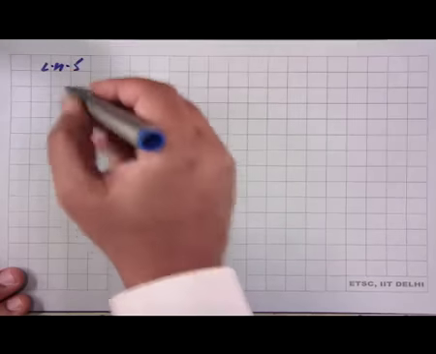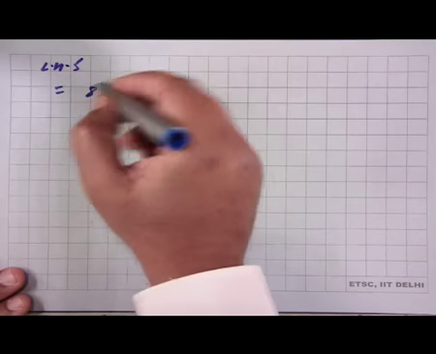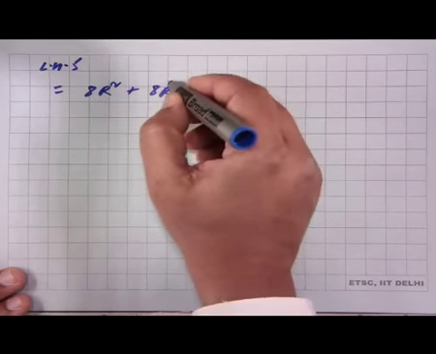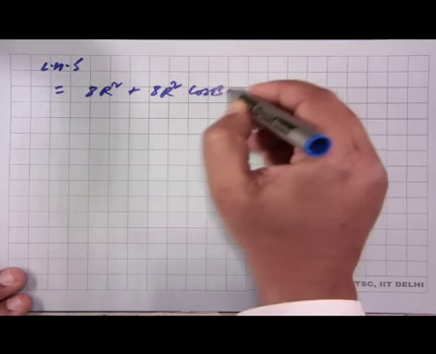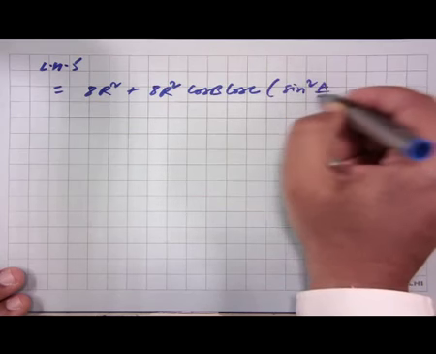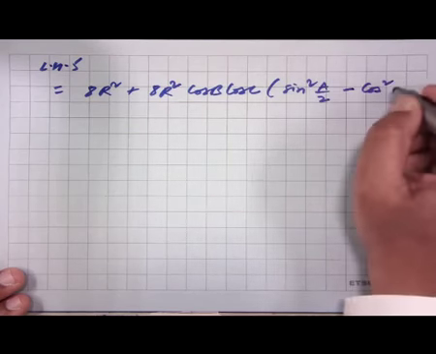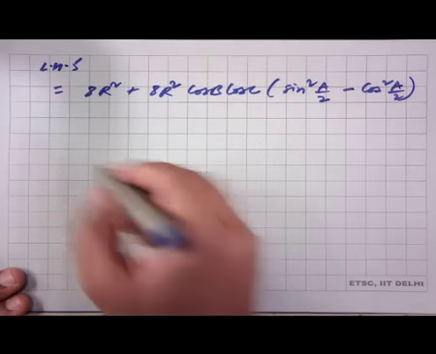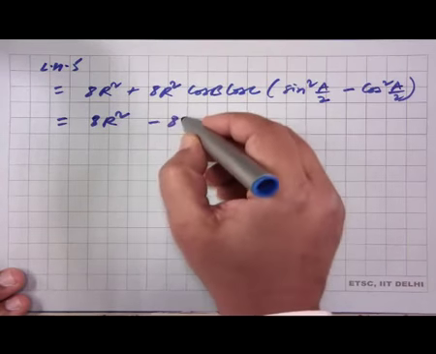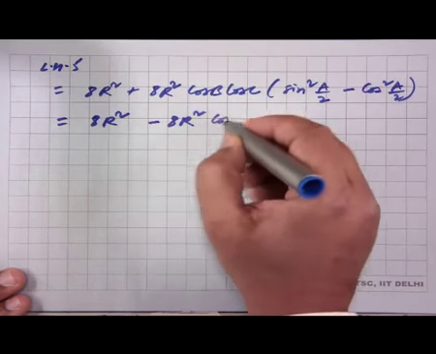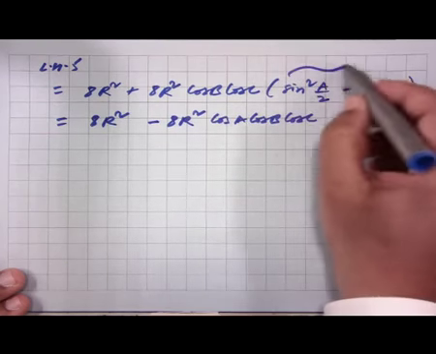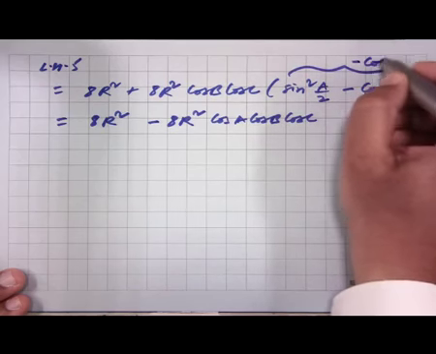So then the left hand side is equal to 8r square plus 8r square cos b cos c times sin square a by 2 minus cos square a by 2, which is equal to 8r square minus 8r square into cos a cos b cos c, because this is equal to minus of cos a.